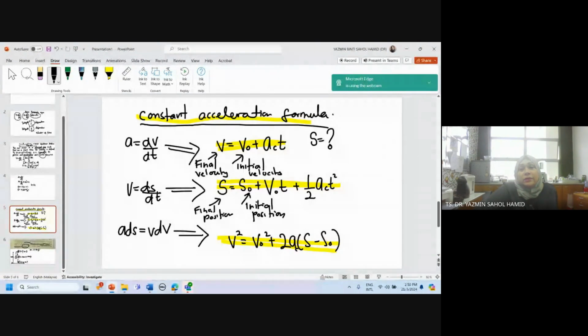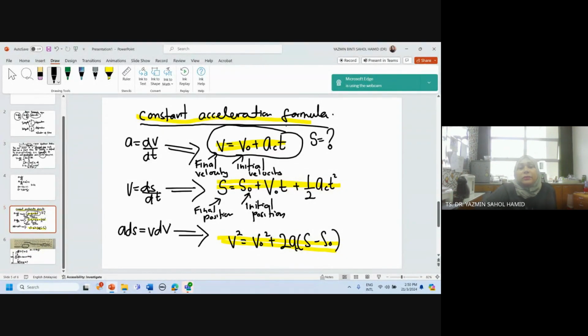Do you understand? Don't guess. You need to align with the variables that you have. The first equation does not have position. So you cannot use this.